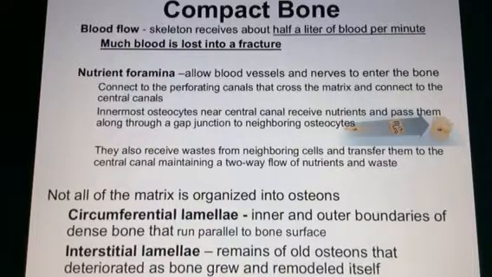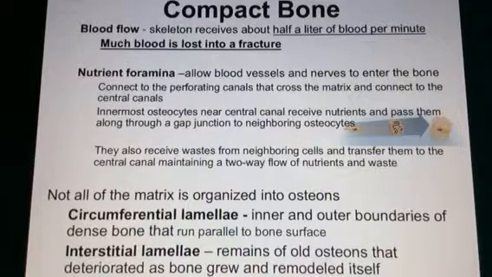The skeleton receives about 1/2 liter of blood per minute. Much blood is lost into a fracture. We said that there are these little entrances for the blood vessels and nerves to enter the bone, called nutrient foramina, and they connect those perforating canals across the matrix, which allows the blood to go throughout the bone, and they connect to the central canals.